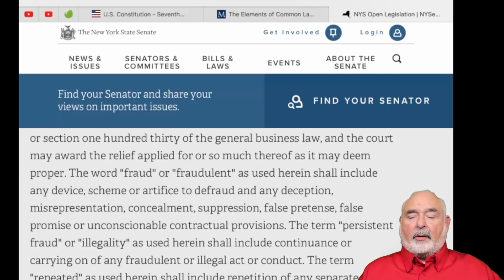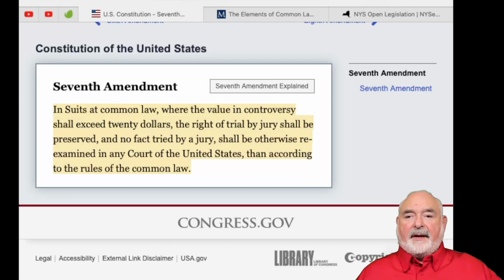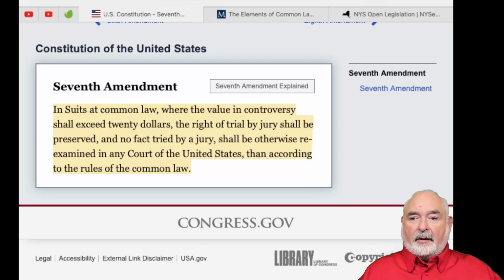Now, why is that important? Well, I'll get to that. Here is what the 7th Amendment to the Constitution says. In suits at common law, where the value in controversy shall exceed $20, which of course at the founding was equivalent today to almost $500, the right of trial by jury shall be preserved, and no fact tried by a jury shall be otherwise re-examined in any court of the United States than according to the rules of the common law.